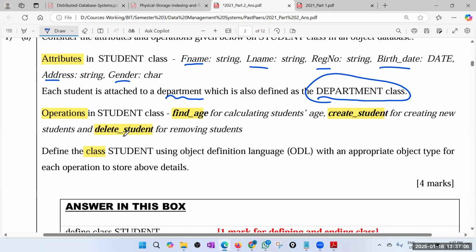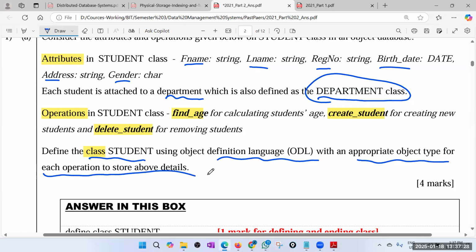Delete student, that is removing a record. Define the class student using object definition language, ODL, with an appropriate object type for each operation to store the above details. For each operation, you must decide the return type also.